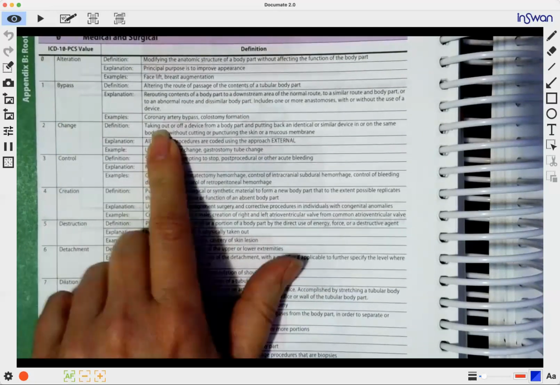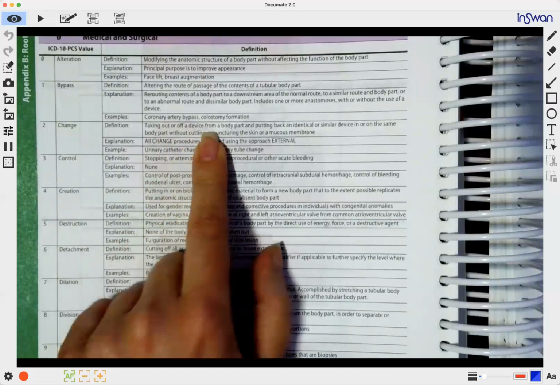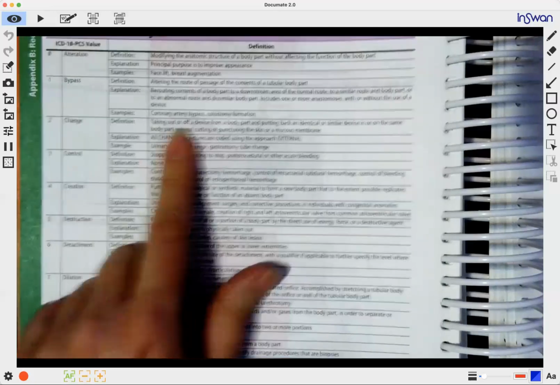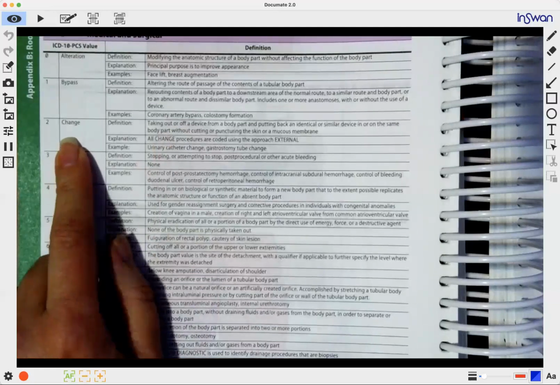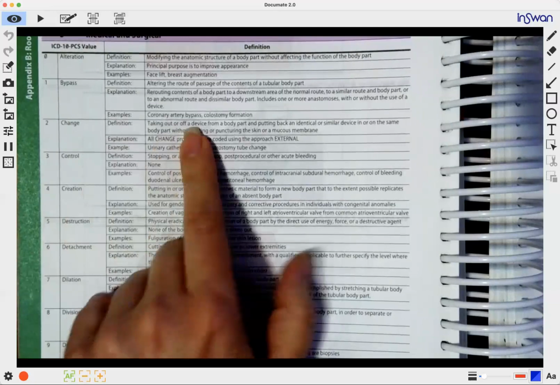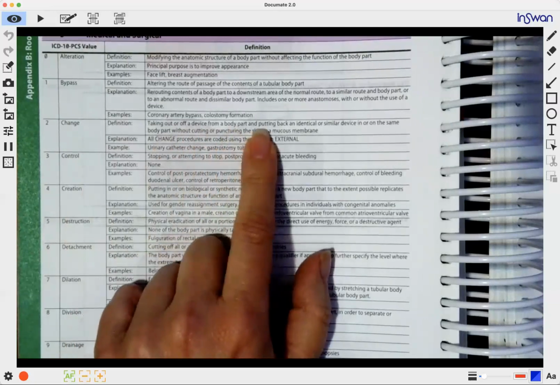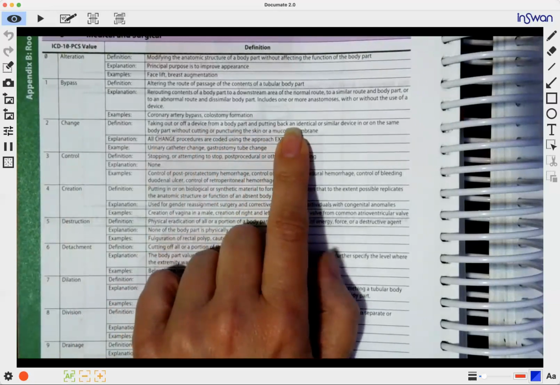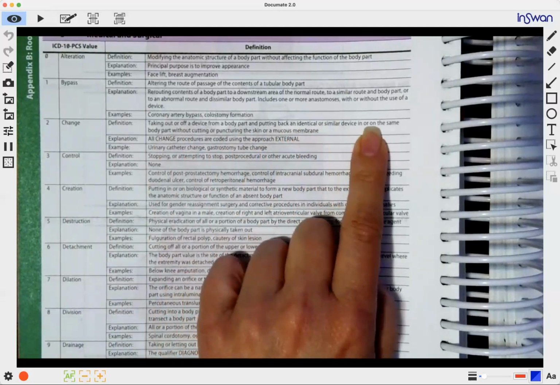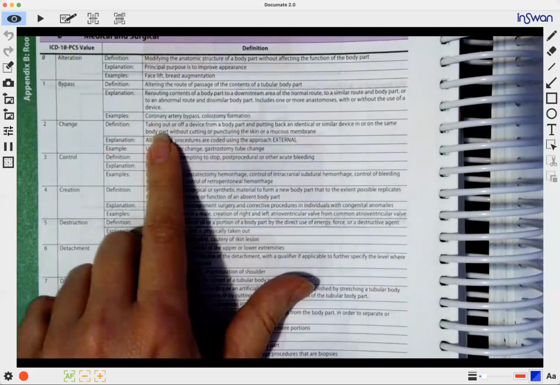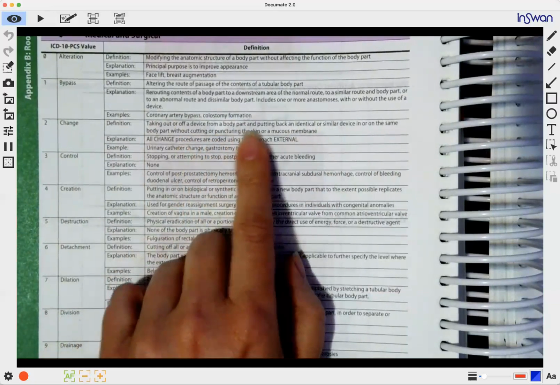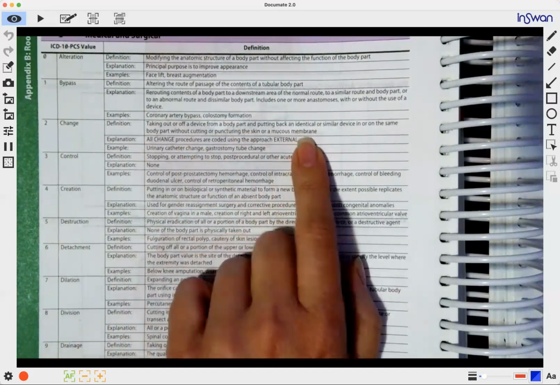Change: taking out or off a device from a body part. So if you don't have a device involved, then you're not at the right root operation. So change always uses a device. Taking out or off a device from a body part and putting back an identical or similar device in or on the same body part without cutting or puncturing the skin or a mucous membrane.